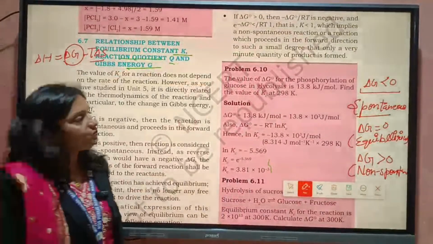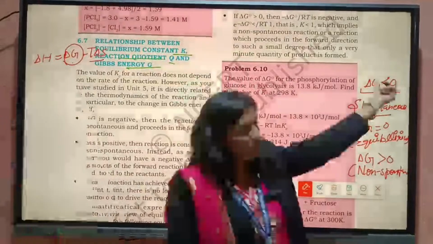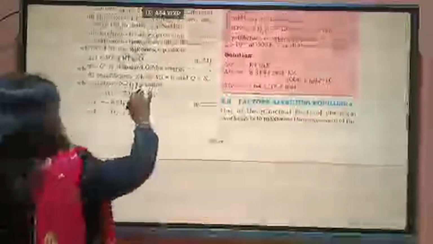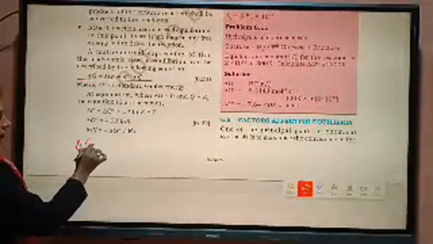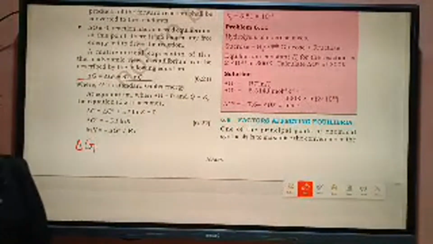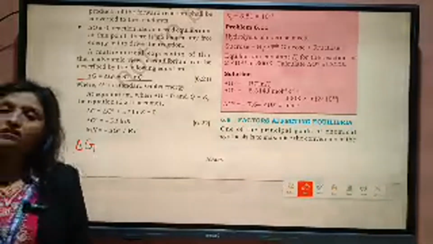Then students, what is the relationship of this Gibbs free energy with the equilibrium constant? That also you have done. Del G is the change in Gibbs free energy of the system at any concentration.